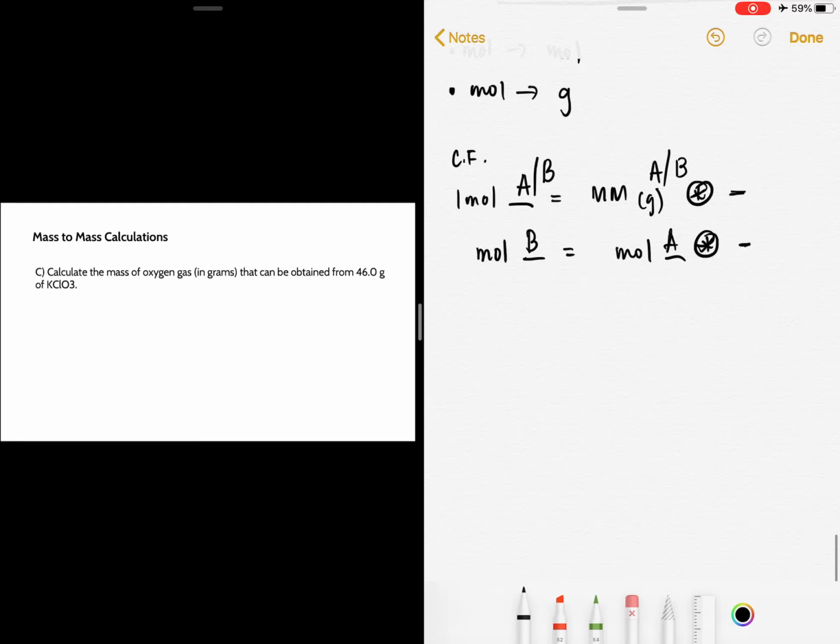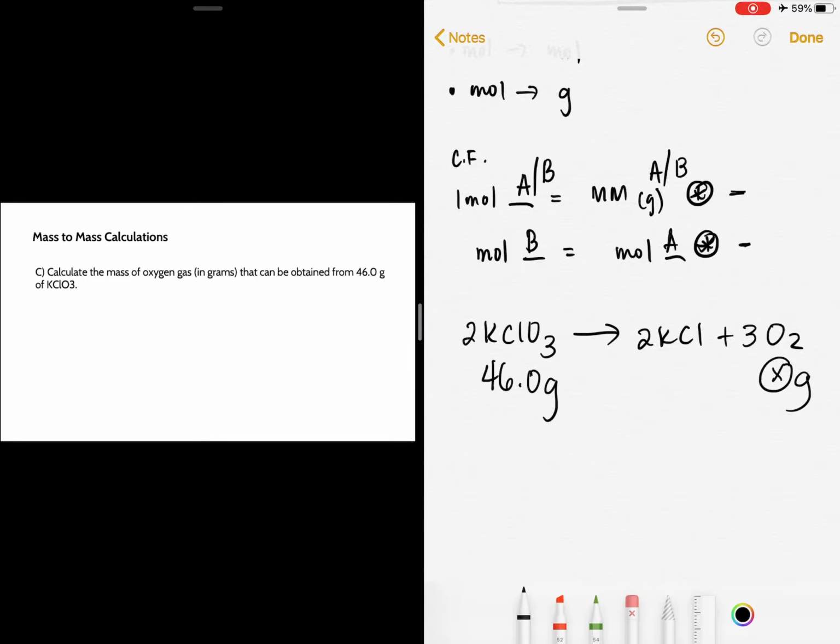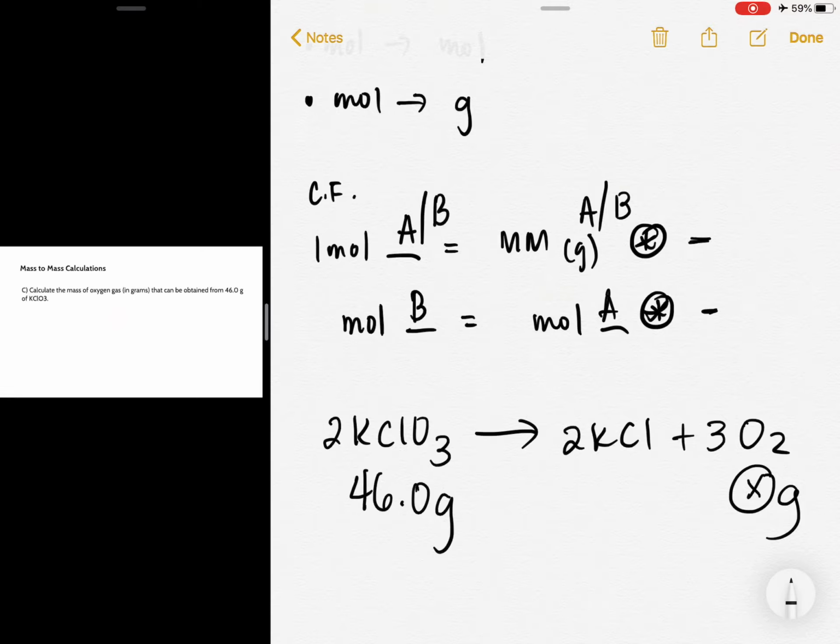Okay, so let's write down the equation again here. So this time, ang tinatanong sa inyo is ilang grams nitong oxygen ang mapoproduce kung initially meron ka daw 46 grams ng potassium chlorate.